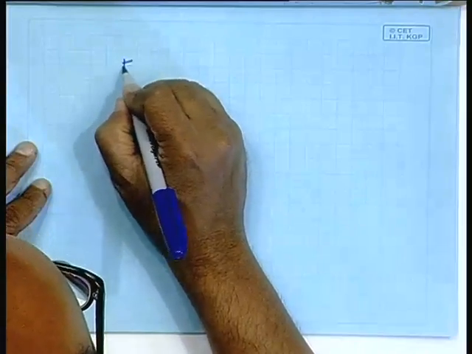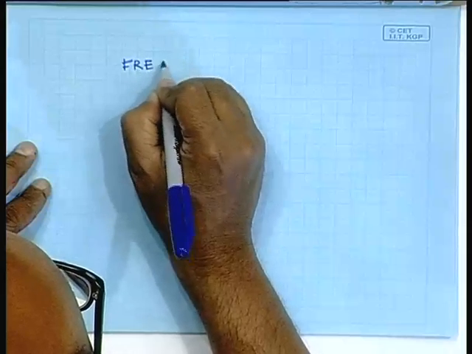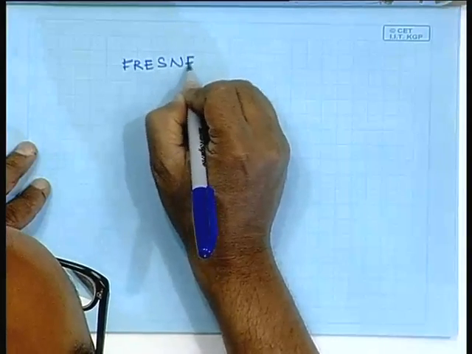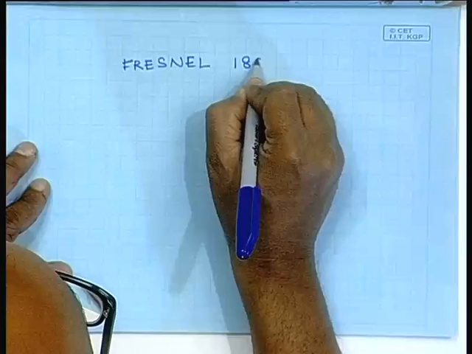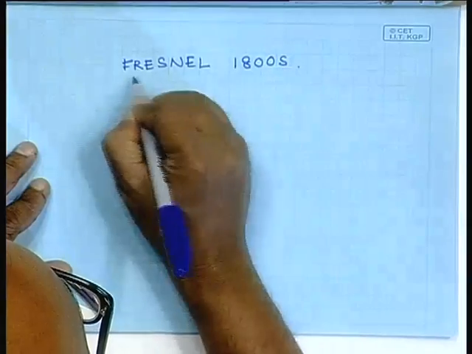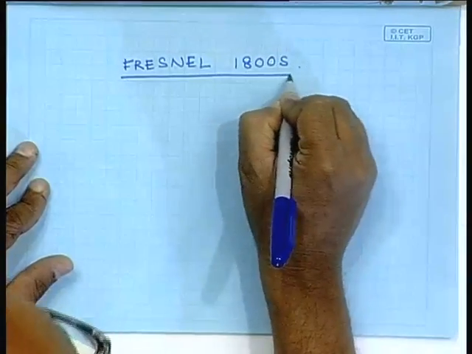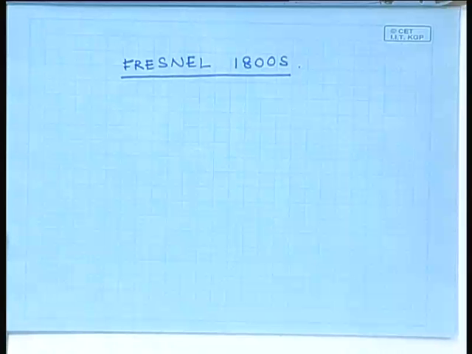So, Fresnel in the 1800s generalized Huygens principle so that you could apply it to explain the phenomena of diffraction. So, let me explain to you what the Huygens-Fresnel principle is.